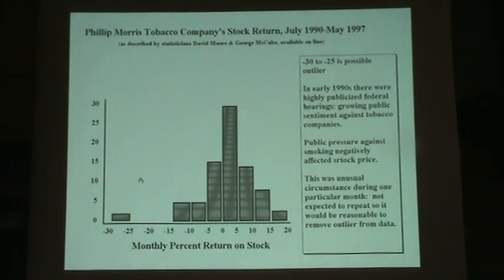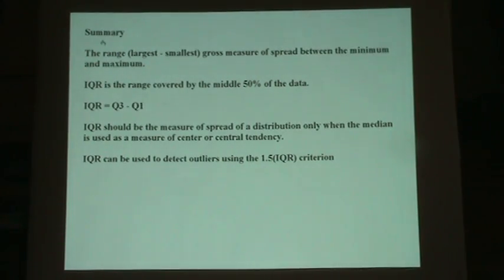Well, here's the summary. The range, which is a very gross measure of dispersion in a data set, is just the largest number minus the smallest number. The interquartile range is the range covered by the middle 50% of the data. The interquartile range is quartile 3 minus quartile 1. That's how we compute it.